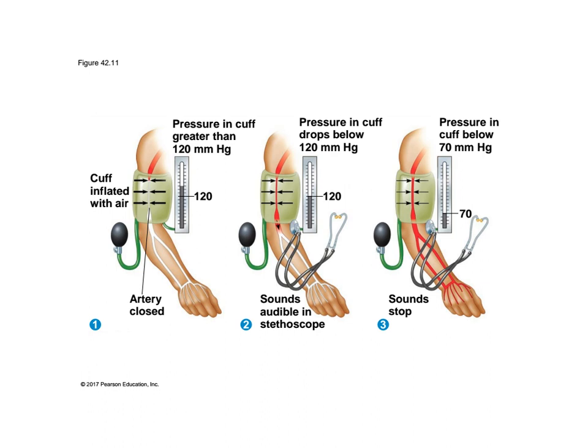Now, what this does is it will close the artery. And so that's shown here. You can see that the artery is occluded because of the pressure. And so at that point, if you were listening, you wouldn't hear anything, right?